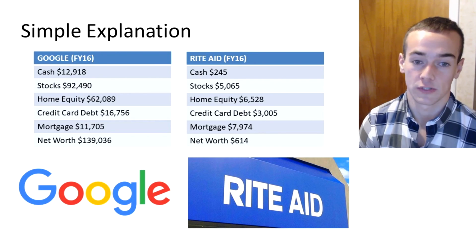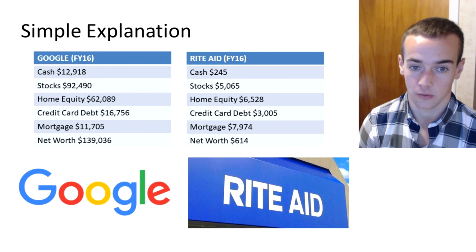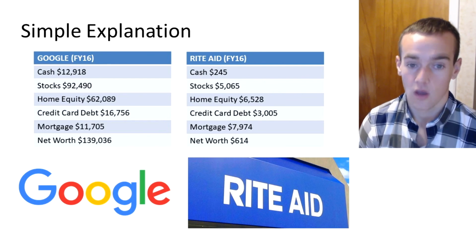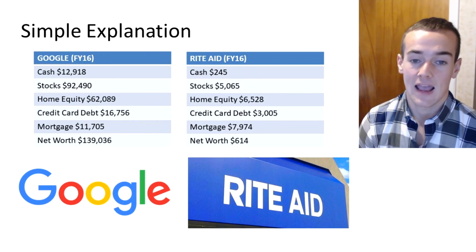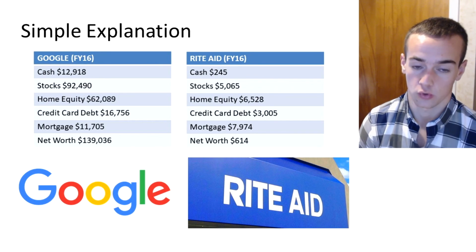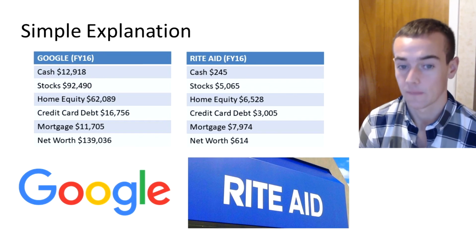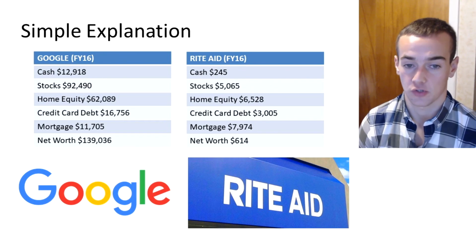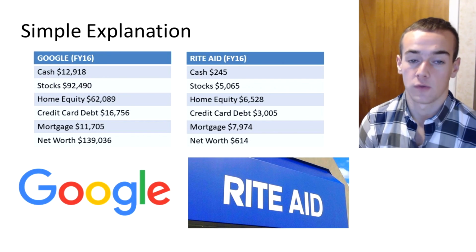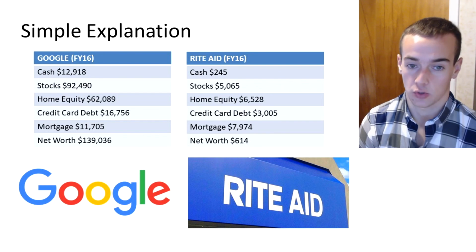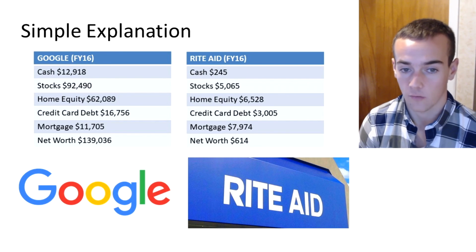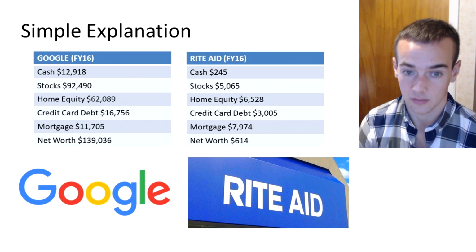You would need to sell off some of your short-term investments in order to cover your credit card debt. And then when you look at your mortgage, or your long-term debt obligations, or non-current liabilities, that's at just under $8,000. So if you combine your cash and your current assets, it will not cover your long-term debt obligations.